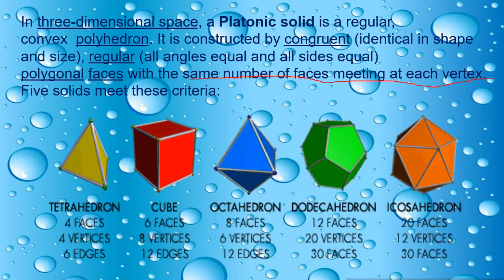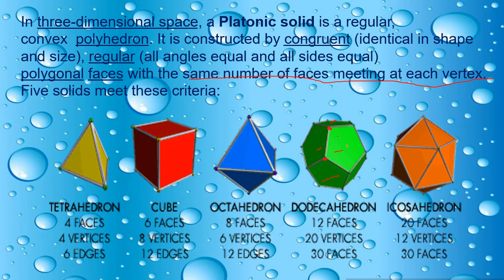In the tetrahedron, at each vertex three faces are meeting. Here in this corner of the cube, 3 faces. In the octahedron, at this point there are 4 faces meeting, and at this point also 1, 2, 3 and 4 faces. In the dodecahedron, at this vertex there are 1, 2 and 3, and at this vertex also 1, 2, 3.